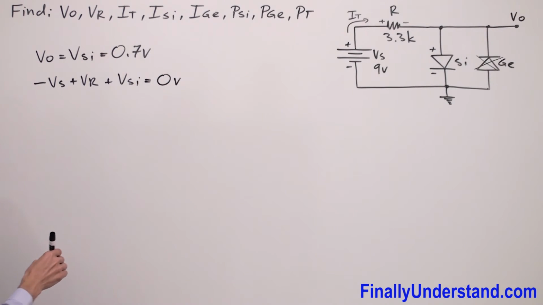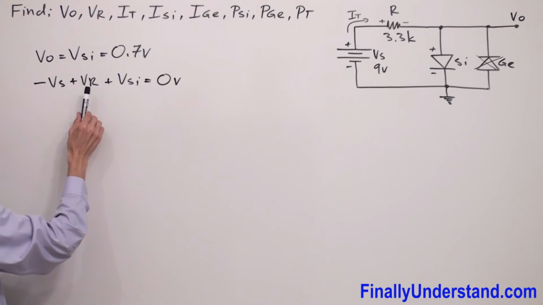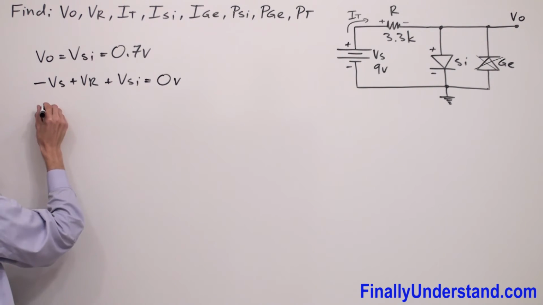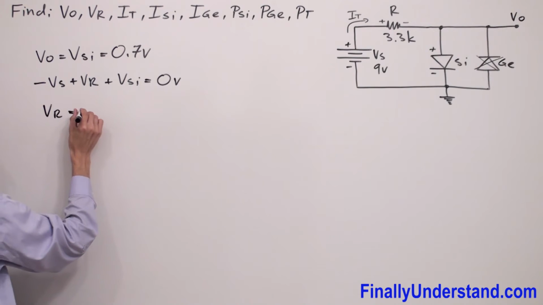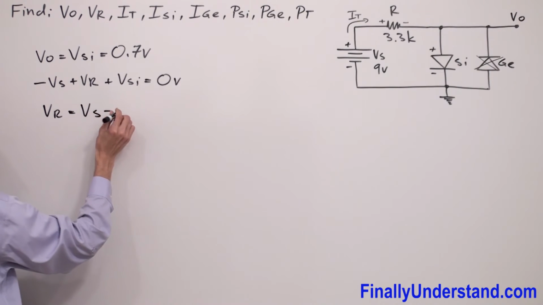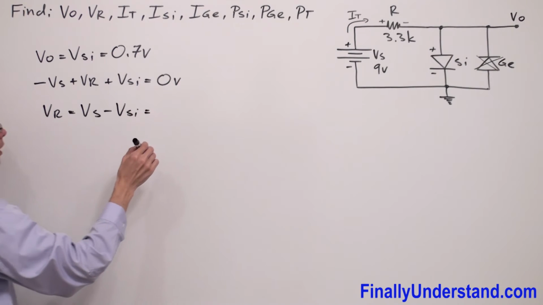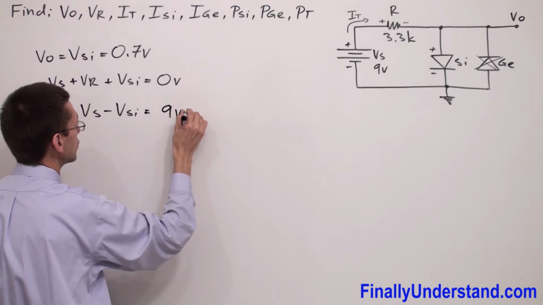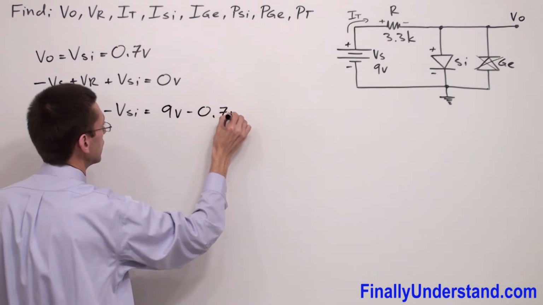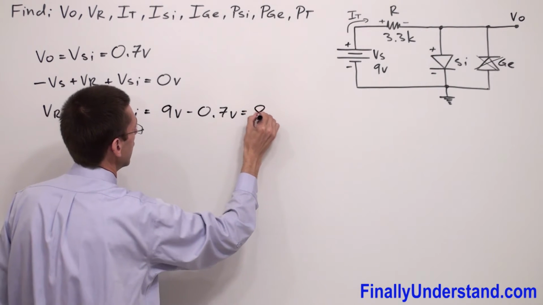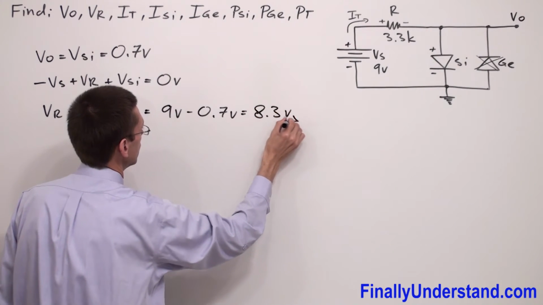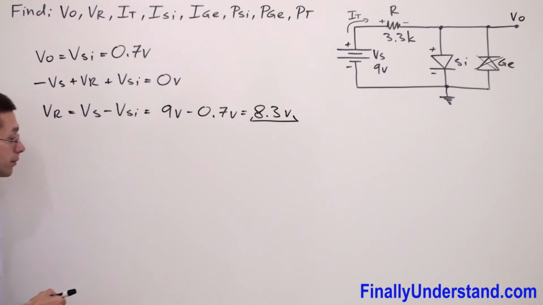If you solve this equation for VR, because we're looking for VR, VR is equal to the voltage source minus V silicon. This is equal to 9 volts minus 0.7 volts. This is equal to 8.3 volts. Okay, so this is the voltage across the resistor.